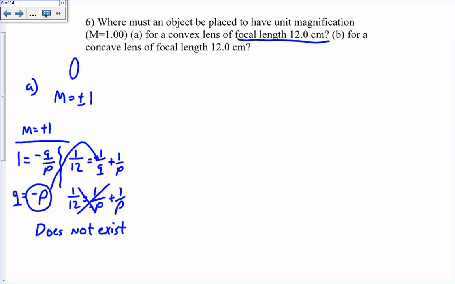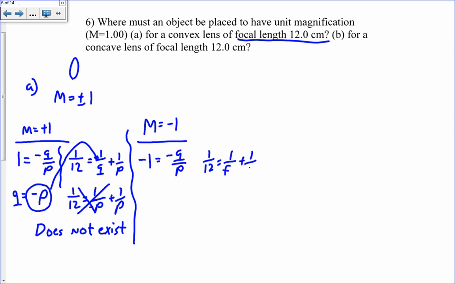So then let's consider magnification equal to negative 1 for a convex lens. Negative 1 equals negative Q over P. And then 1 over 12 equals 1 over Q plus 1 over P. Do a similar thing. Here I get Q equals P. Excuse me, I made a mistake here.